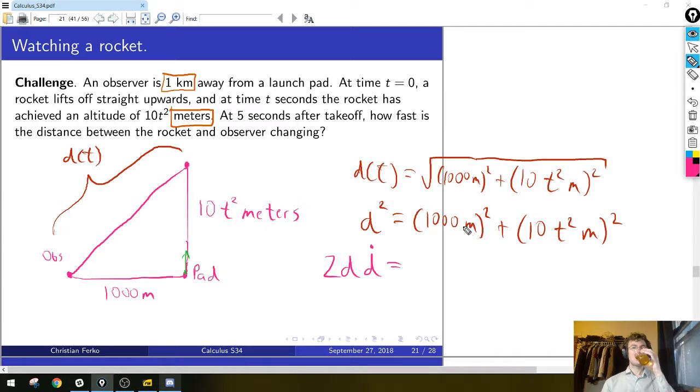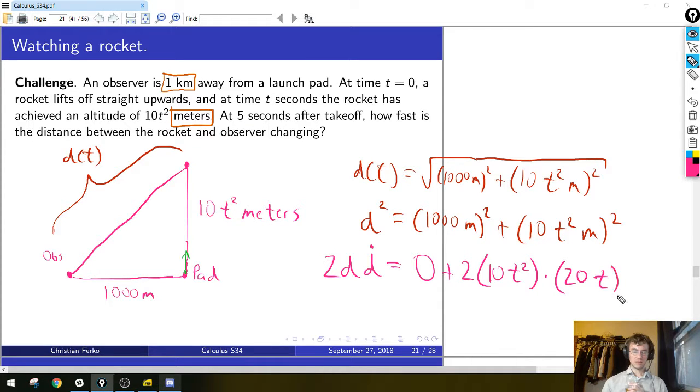The 100 meters quantity squared is equal to 0 since it's constant. And this is added to, well, we've got some chain rule and product rule to do here. So this is going to be equal to 2 times 10t squared meters times 20t meters?